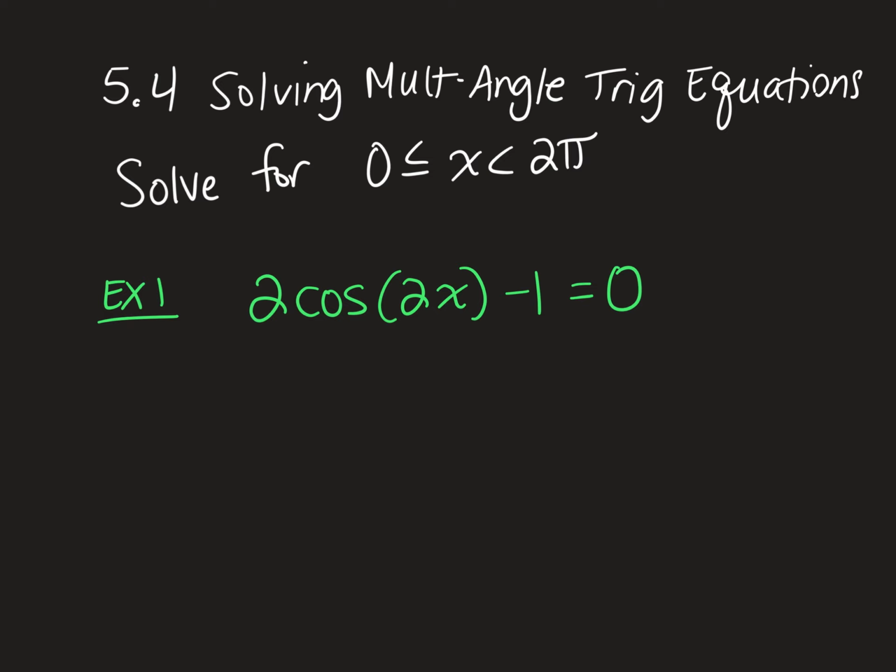This is the whole point of today. So this 2, what it tells me is that I'm going to have to make 2 rotations on the unit circle to find all solutions.